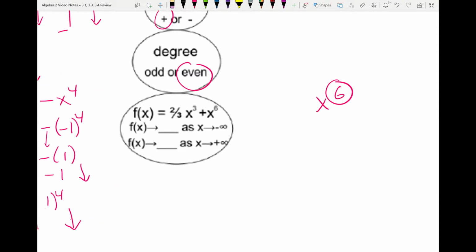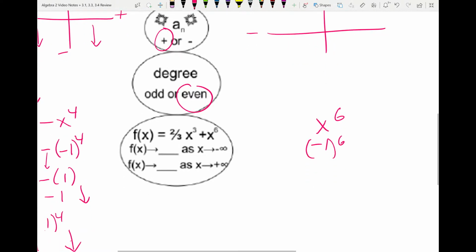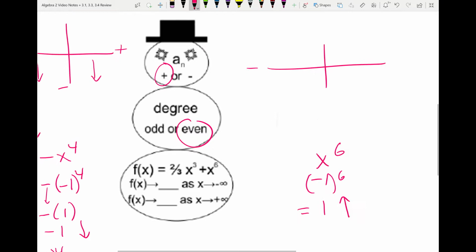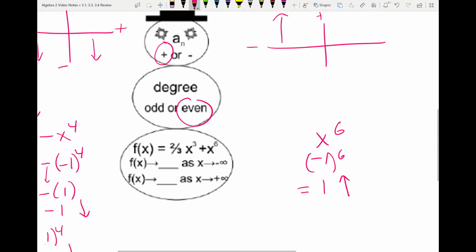So let's plug in, let's do a negative number first for x. So if I plug in -1 to the 6th, well, -1 to the 6th is +1. So it's going up. So when x is negative, y goes to positive infinity, which means that the snowman arm goes up.